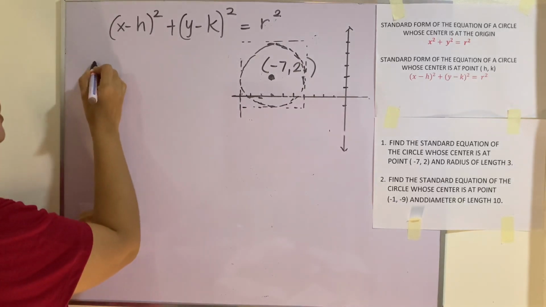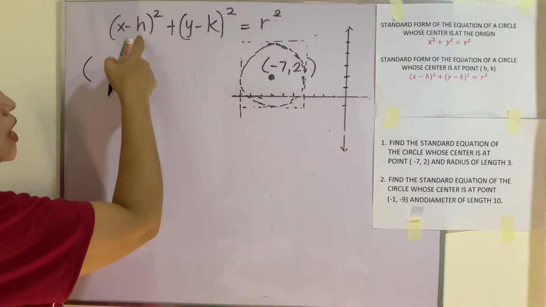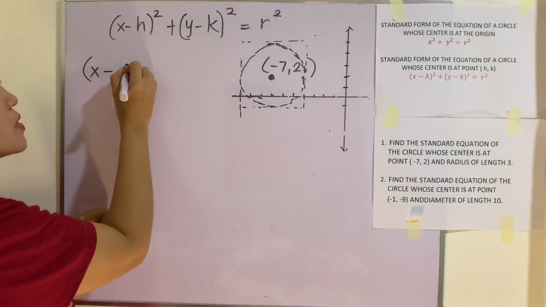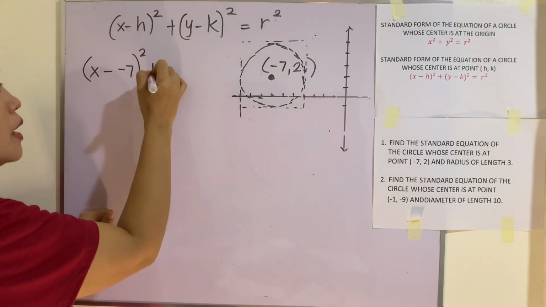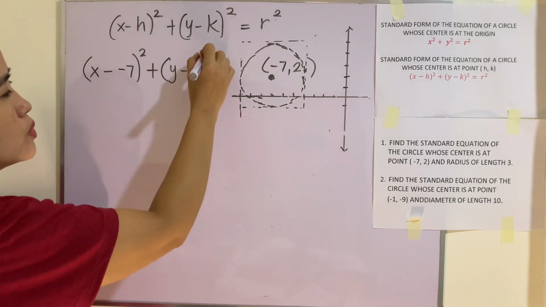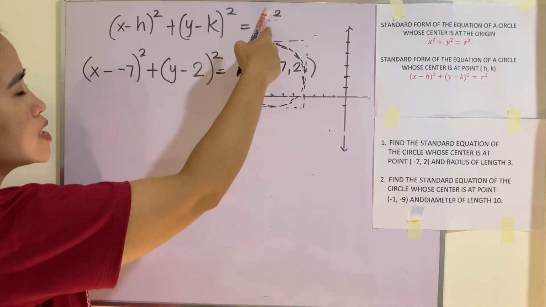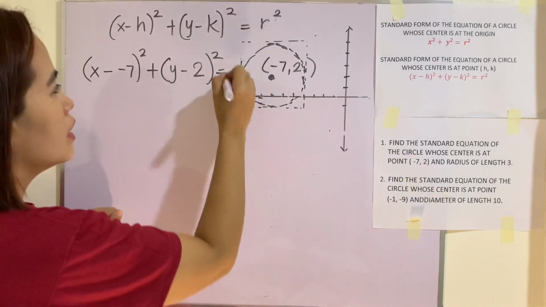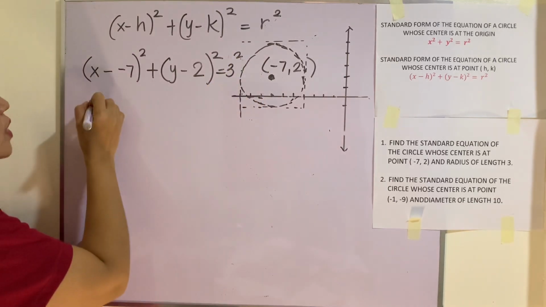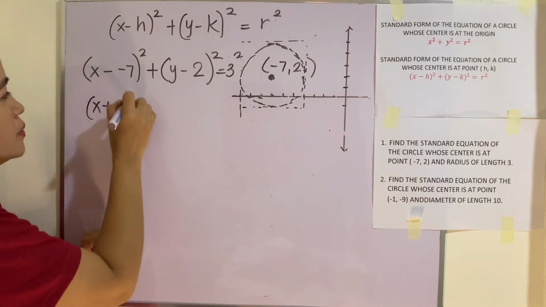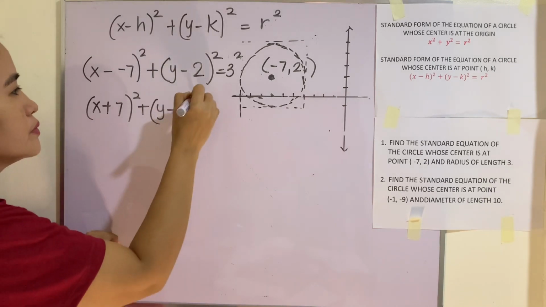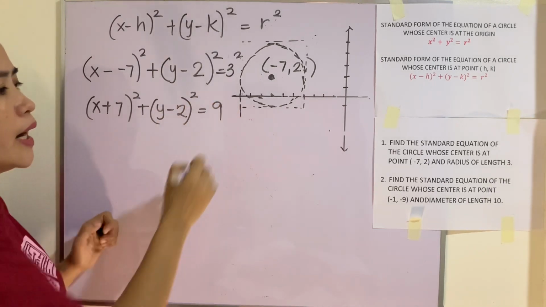So if we will be replacing it here, this is (x minus -7) squared plus (y minus 2) squared is equal to r squared. What is our r? Our r is 3. So that is squared. So this is (x plus 7) squared plus (y minus 2) squared is equal to 9.